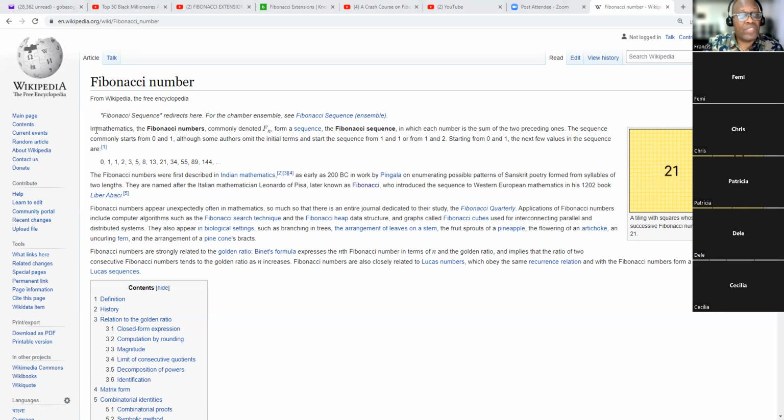And so we see here, it says in mathematics, the Fibonacci numbers form a sequence, the Fibonacci sequence, in which each number is the sum of the two preceding numbers. We could carry on, but basically you get numbers like 0, 1, 1, 2, 3, and so on and so forth.